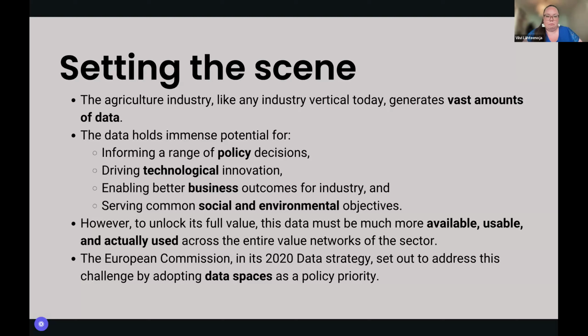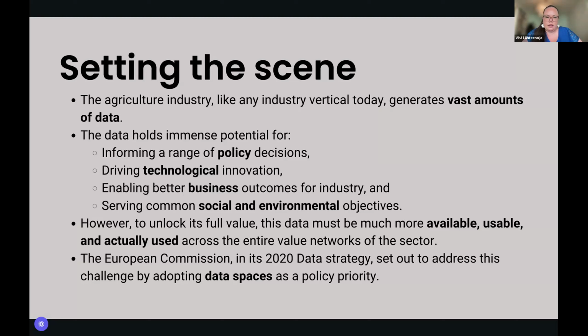It can also enable better business outcomes for industry, as well as serve common social and environmental objectives. But to really tap into this potential value that the data has, it is a given that we need the data generated to be more available, more usable, and more actually used across the entire value networks of the sector. And in this case, we're talking about the agricultural or agri-food sector.